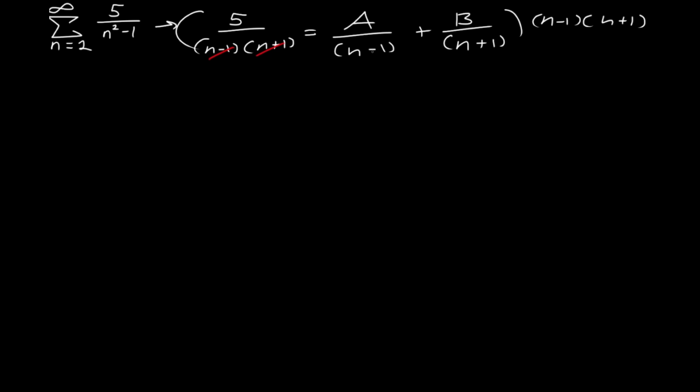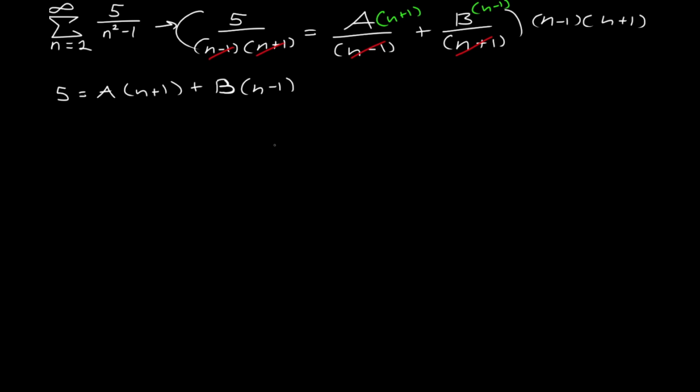It's going to cancel out the n minus 1 under the A, and it's going to cancel out the n plus 1 under the B. And in turn, we're going to get an n plus 1 by the A and an n minus 1 by the B. So I'm going to write that out over here now. 5 is equal to A(n plus 1) plus B(n minus 1). And we're almost there.